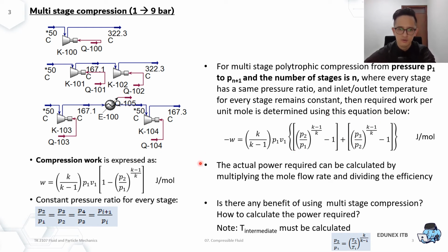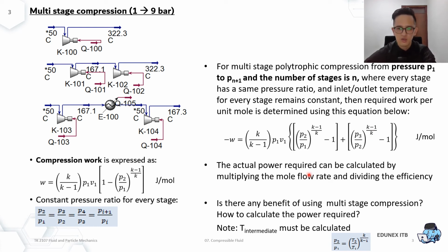So the difference from the single stage compression is inside of the bracket. Now you can split it. This is the first stage compressor, P2 per P1, 3 to 1, plus P3 per P2, in this example 9 to 3. So for the first step and the second step of compression, the compression ratio is the same, which is 3.